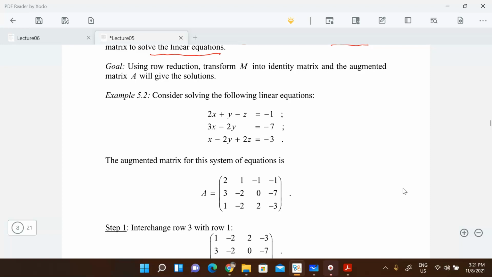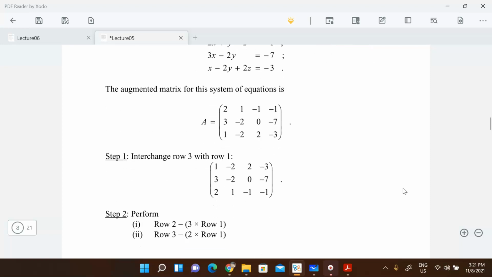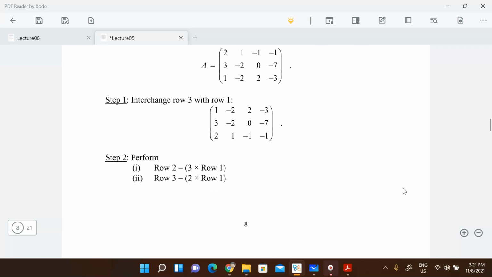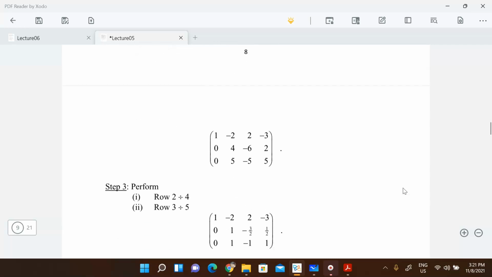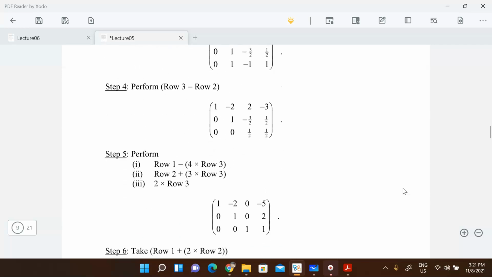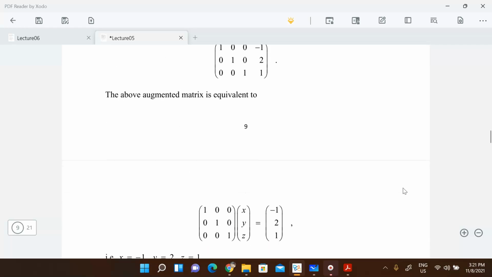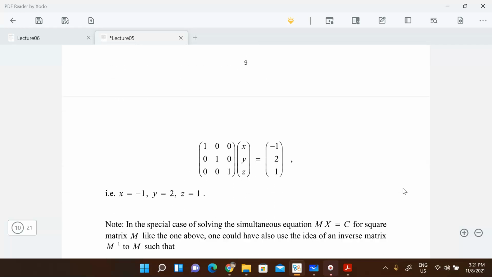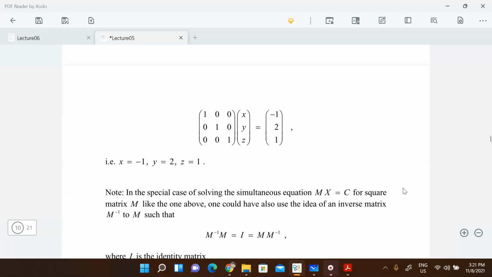Okay, so all we need to do now is to apply this elementary row reduction technique, let me just go through all those steps over here, in a way that you get the identity matrix.